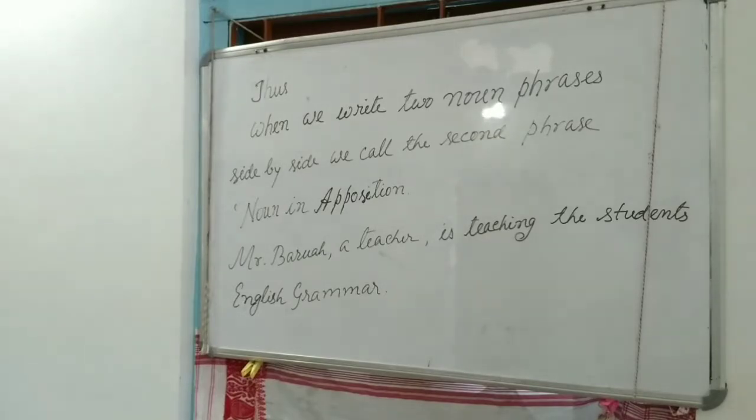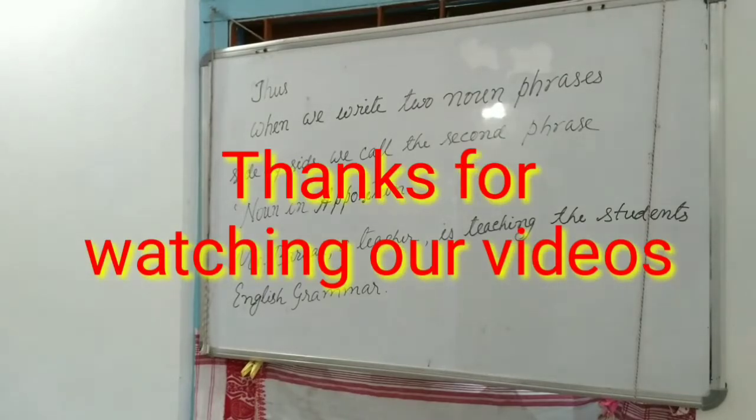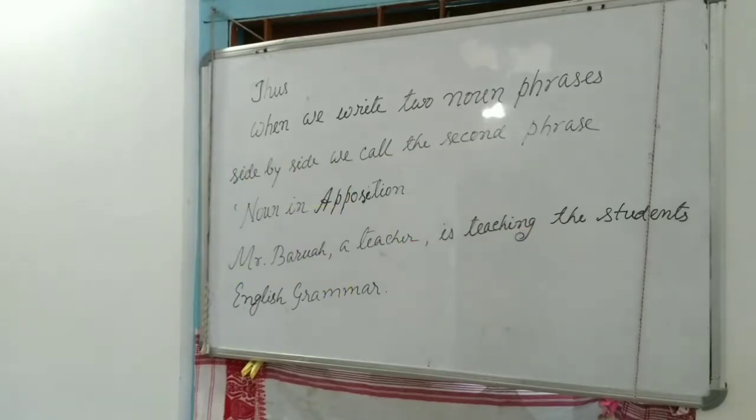Mr. Borua, a teacher, is teaching the students English grammar. Here, Mr. Borua and a teacher, these two nouns are used to indicate the same person. So we will say a teacher, which is placed after Mr. Borua, is a noun in apposition.